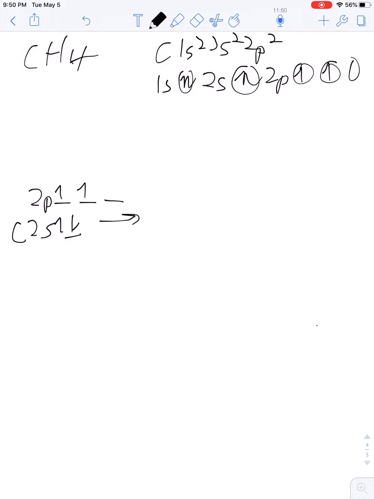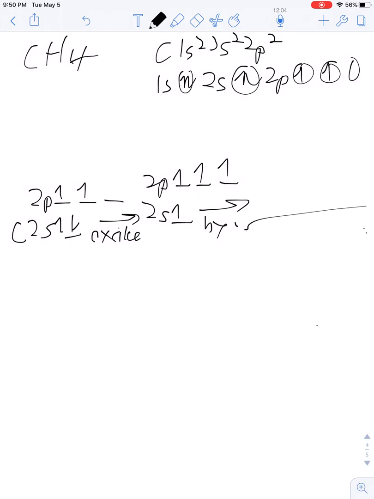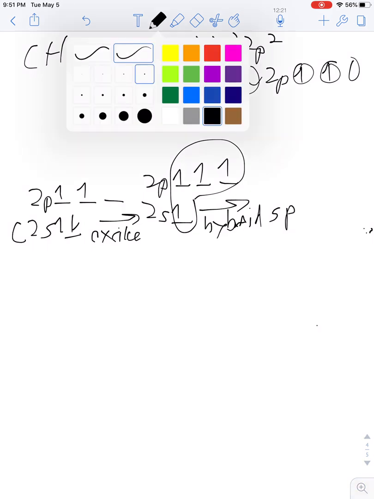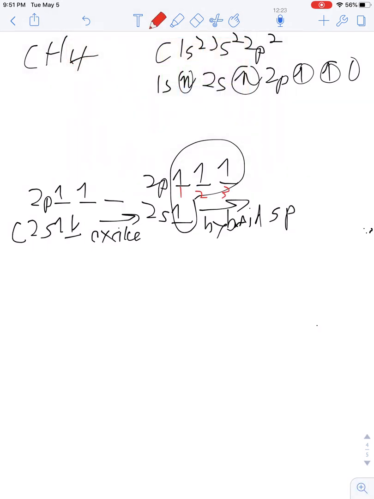Well, once again, we believe that the electron becomes excited and jumps into the higher level. And then we hybridize. And when we hybridize, we are now involving 1s and 1, 2, 3 p orbitals.